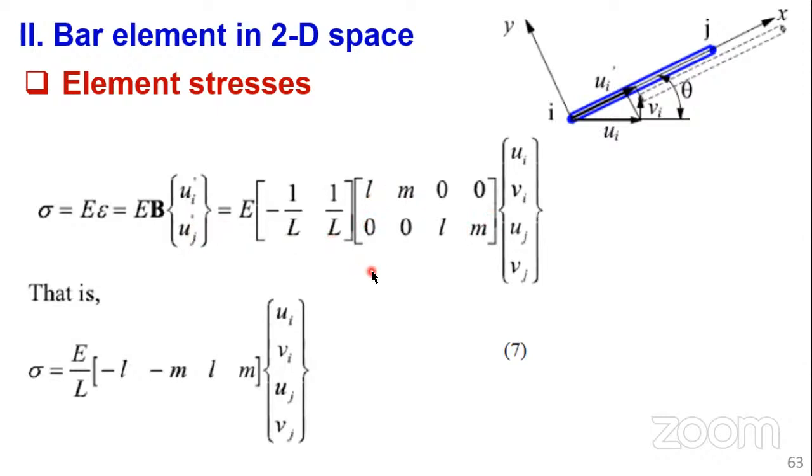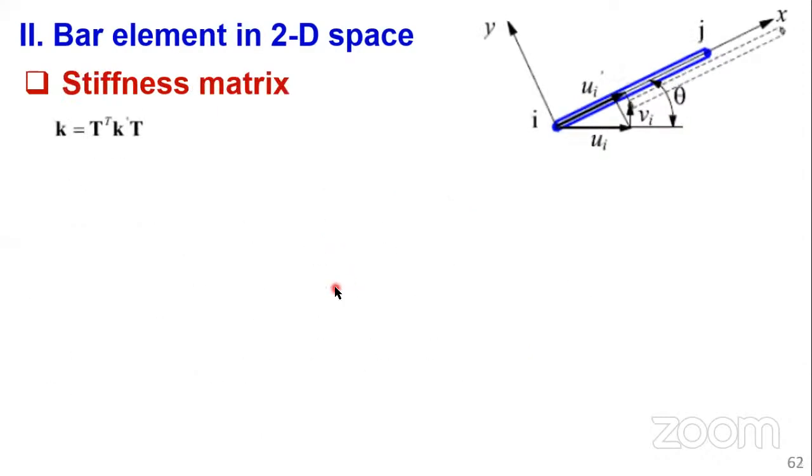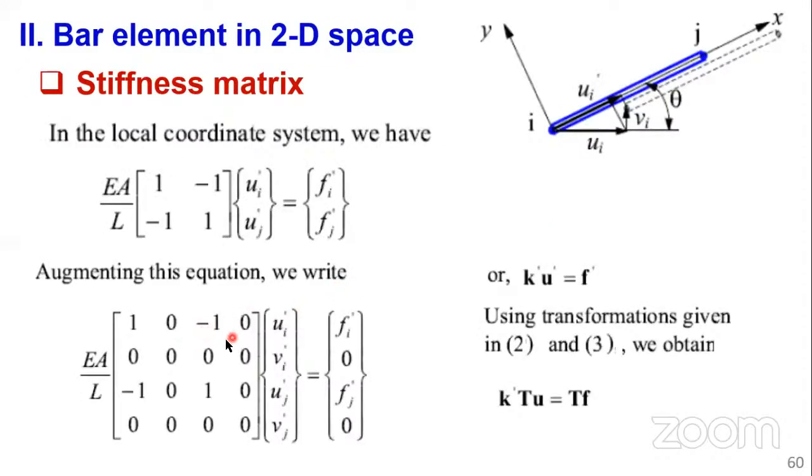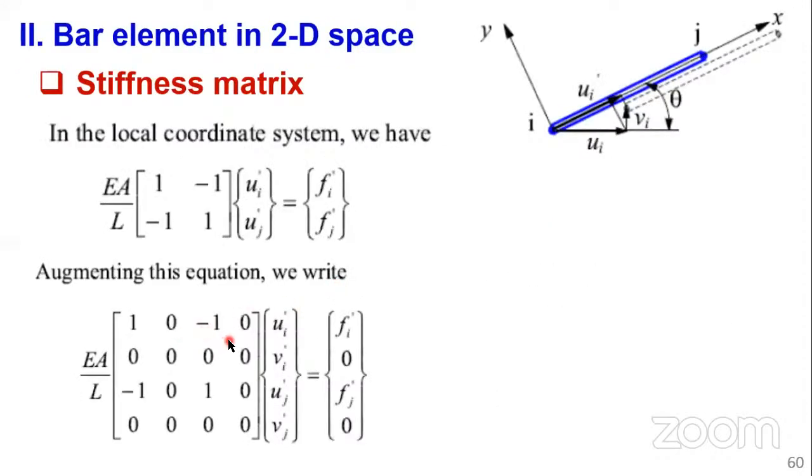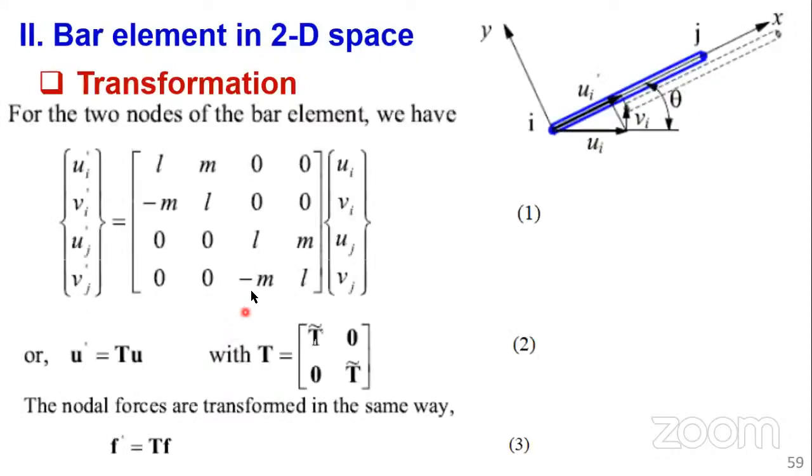It's still our transformation matrix that we derived, but we are removing the V components. So we are removing the second row and the fourth row, the ones associated with the V's. That's why you are seeing L M 0 0 and 0 0 L M.